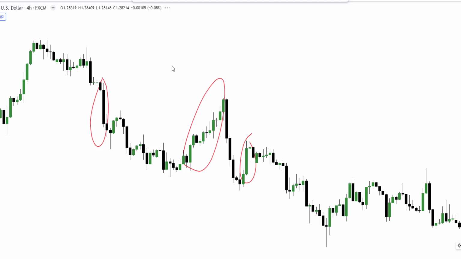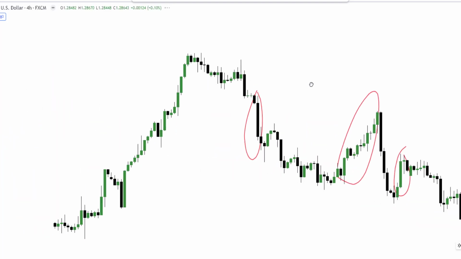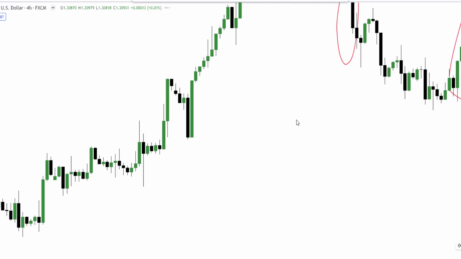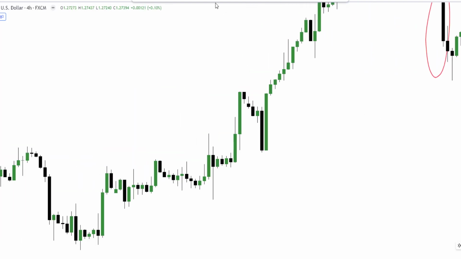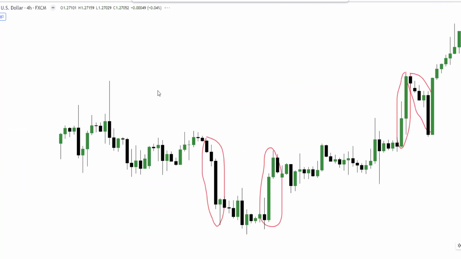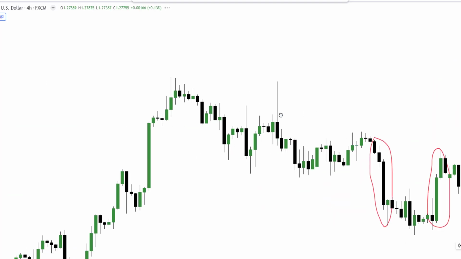Just to make you understand properly, price does not leave a liquidity void unbalanced. A liquidity void, and the next thing that came in was the balance. Every time you see a liquidity void, you're going to see a balance.